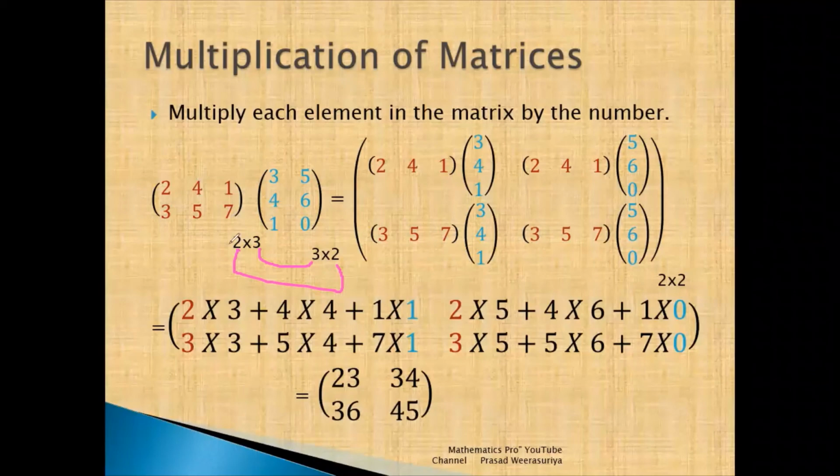To get this one, the second row should be multiplied by the second column, like this. Then each element should be multiplied: 2 times 3, 4 times 4, 1 times 1. Here it is. The same way for the others, and we get the resultant matrix like this.